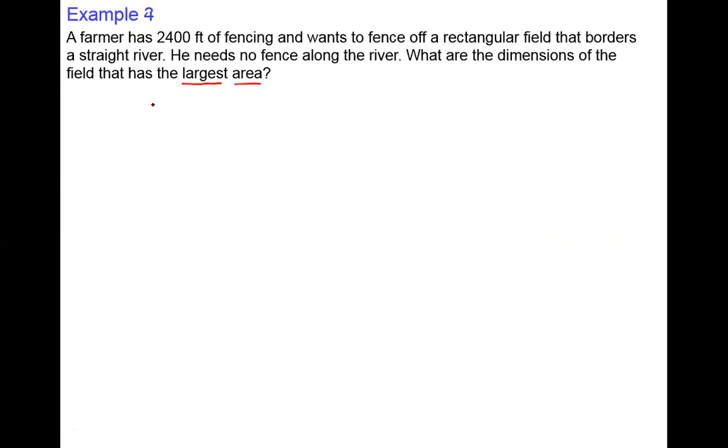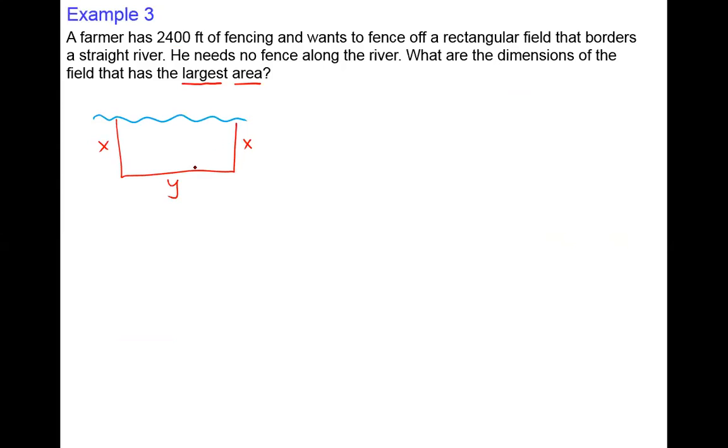Okay, for this one, I don't have a solution. I will write it for you. Let's put this river and his field. Maybe it's a little bit different, but let's make it this one. And we may have x and y. Okay, that's rectangular. My river is a little bit crooked, but it's a straight river.